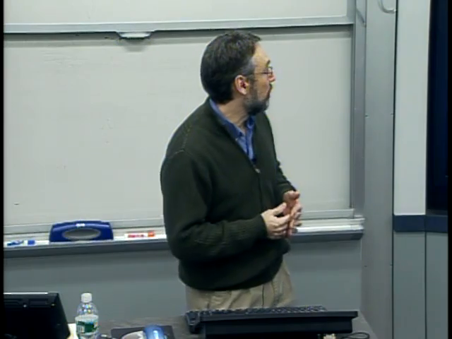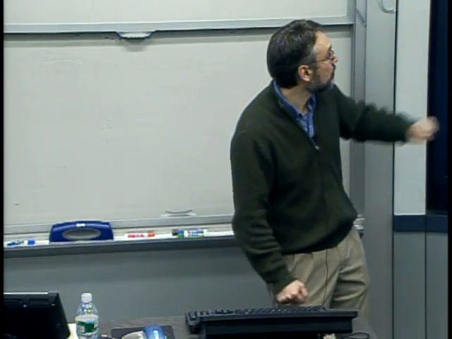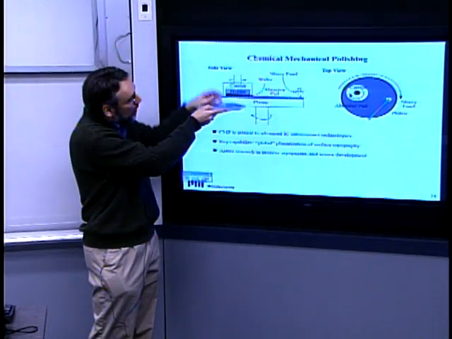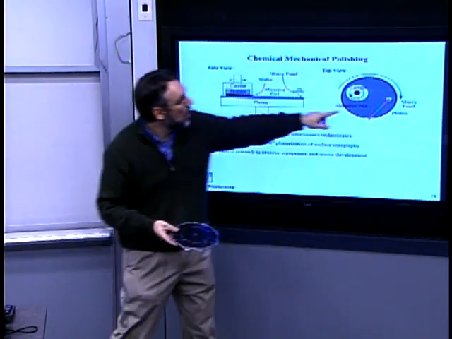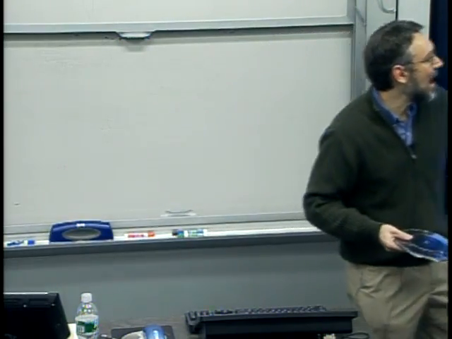Let me zoom into one unit process. We've done actually a lot of research on chemical mechanical polishing in semiconductor fab. And the basic process is you take that wafer, you hold it in a wafer carrier and press it face down onto a rotating table or platen to which is affixed an abrasive pad.